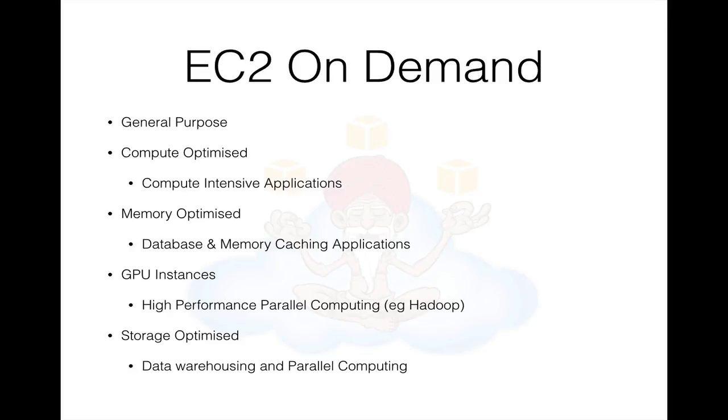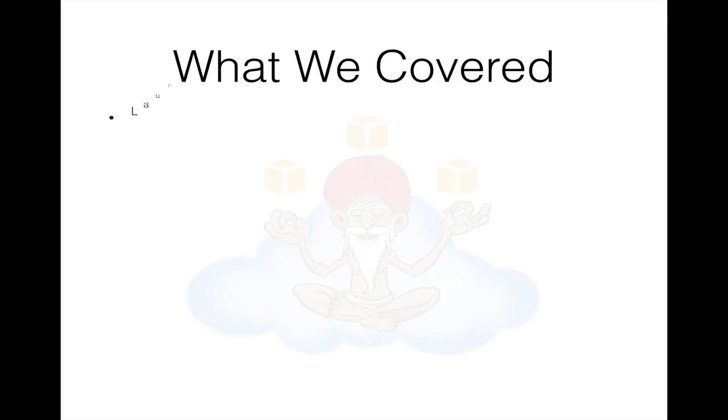Compute optimized is for compute intensive applications, memory optimized for things such as databasing and memory caching. GPU instances are for high performance parallel computing, things like Hadoop for example, and the same with storage optimized, that's generally used for things like data warehousing and parallel computing.